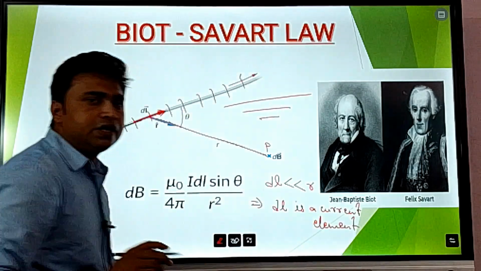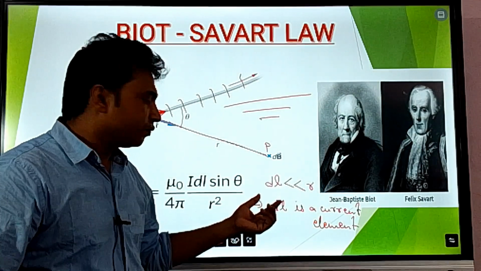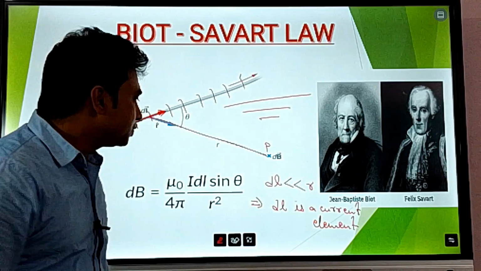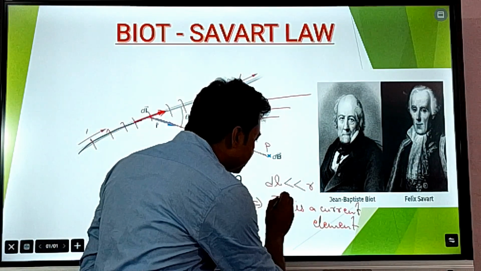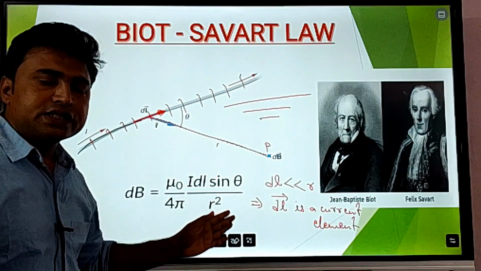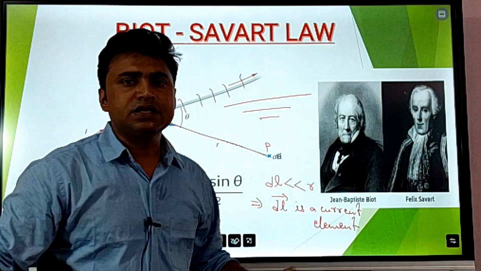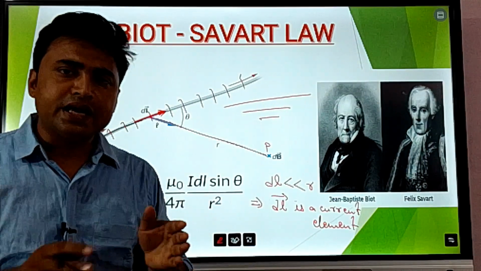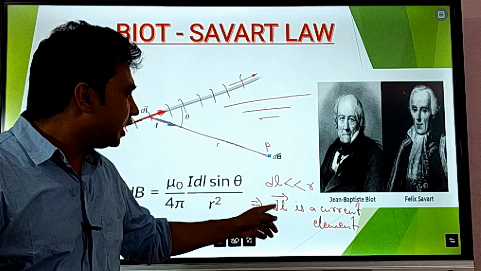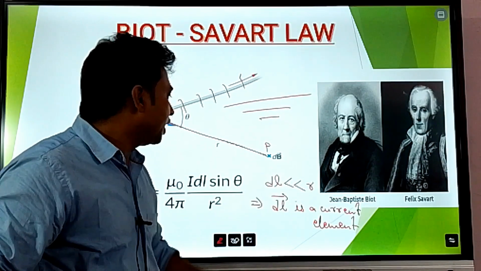I am going to explain with the help of an example, then it will become clear. dl is a vector quantity, so we introduce an arrow here, and the direction of dl is in the direction of the current. So the current element is a small segment of the wire carrying current, represented by the dl vector, and its direction is along the current carrying wire.